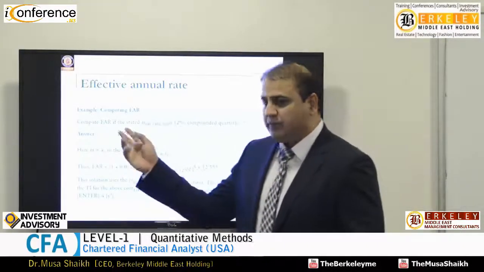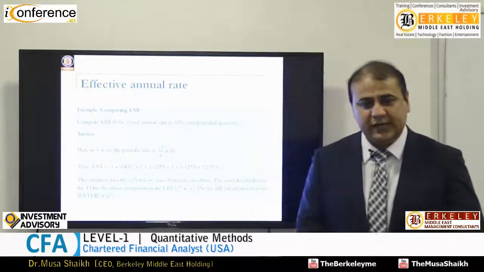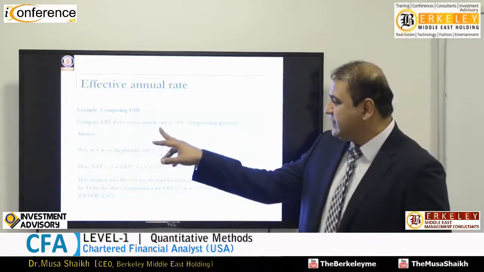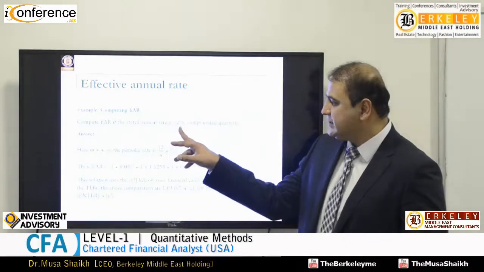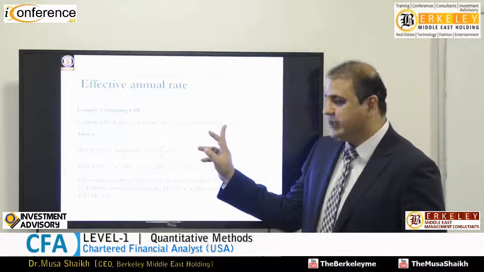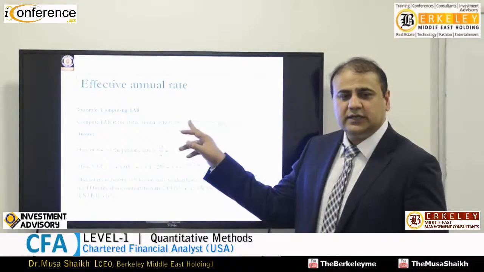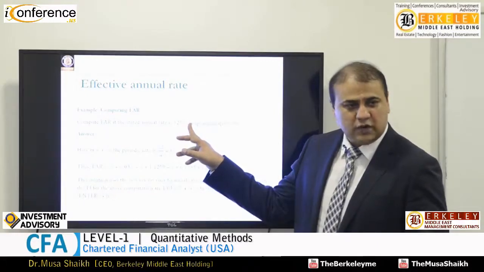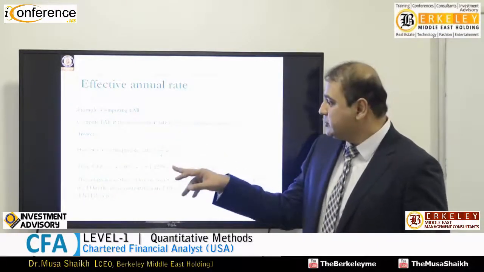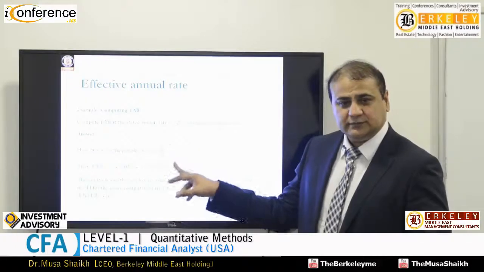Compute the effective annual rate, EAR, if the stated annual rate is 12% compounded quarterly. Immediately divide by 4, since quarterly means 4, so you get 3%.